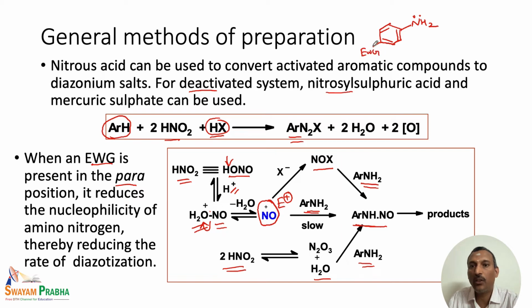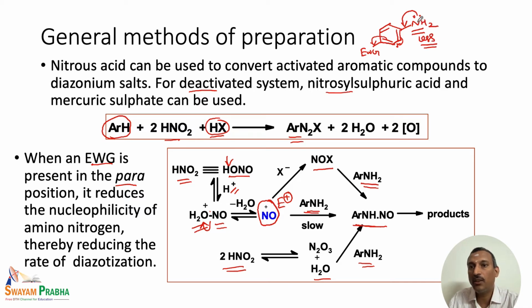This actually pulls the electron towards the aromatic ring, and this double bond comes towards the electron withdrawing group. So that is the reason the lone pair of electrons available on this nitrogen becomes less. In other words, this becomes less nucleophilic in nature.